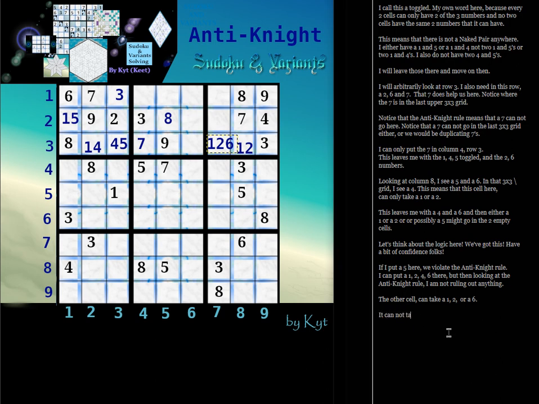It cannot take a 4 because of the 4 that is already in that 3x3 grid. It cannot take a 5 because of the anti-knight rule.